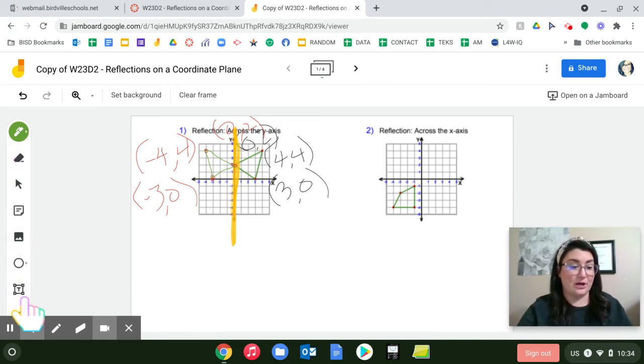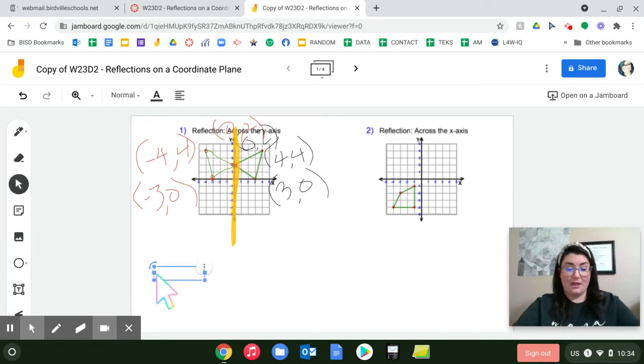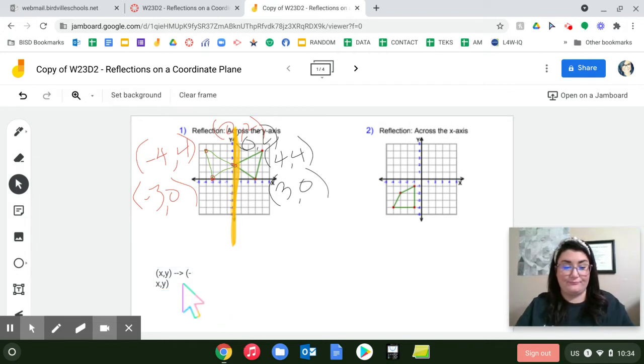So our rule here, I'm going to go ahead and type it. We started with points x, y, just normal x, y. And that becomes my x value change signs. So negative x and y stayed the same. So that was my rule.